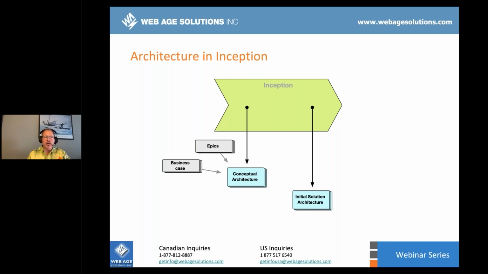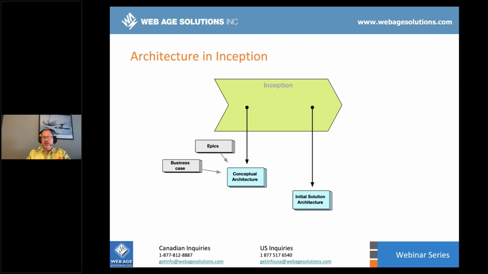Different people will call these different things, but basically these are the really high level use cases that describe what a solution is intended to do. Now, I want to be clear, I'm not trying to get to detailed requirements or anything. What I'm trying to get as an architect is a good sense of what it is that we're trying to build from a business point of view, and use that to create a conceptual architecture, a very, very high level description of the solution.